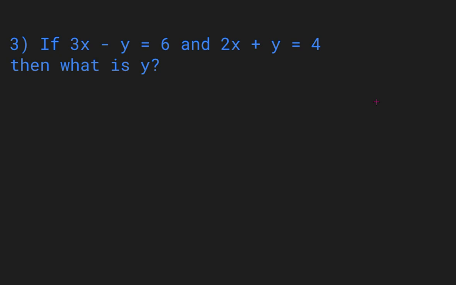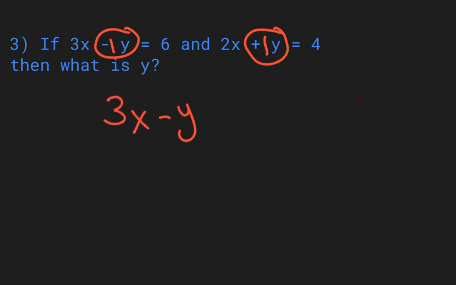In both of these, I have an x and a y, an x and a y. Second thing to look for, do I have two things that are the exact opposite of each other? In this case, it's a positive 1y and a negative 1y. Yes. And when that's the case, we can do something really pretty cool. And that's, we can just stack these right on top of each other.